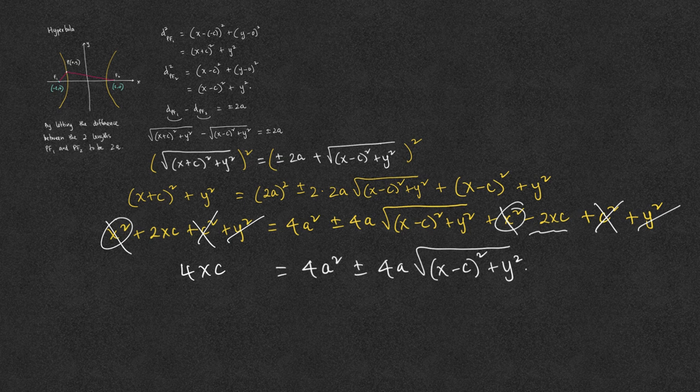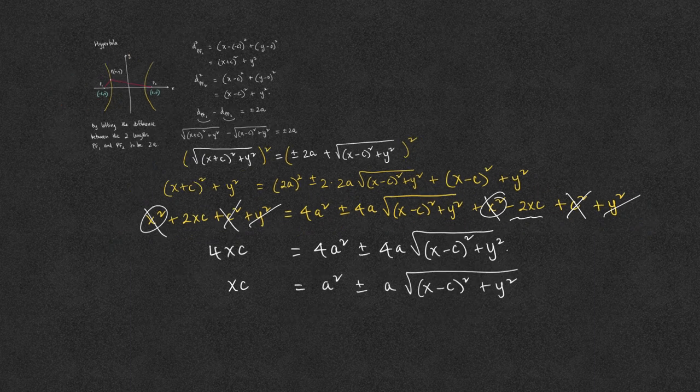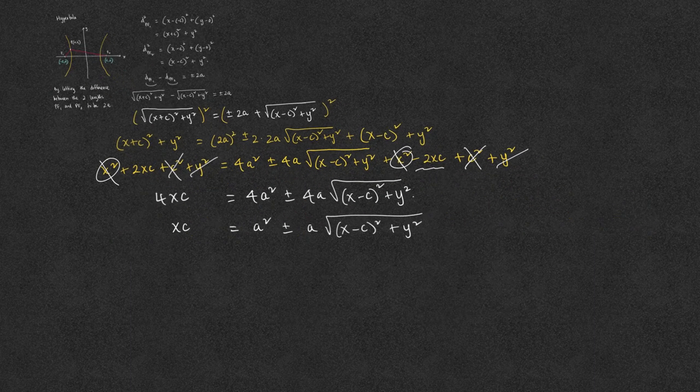We then divide both sides of the equation by 4 to obtain xc equals a squared plus or minus a, the square root of x minus c squared plus y squared. And then we keep the term with the radical on one side. This is now xc minus a squared equals plus or minus a, the square root of x minus c squared plus y squared.